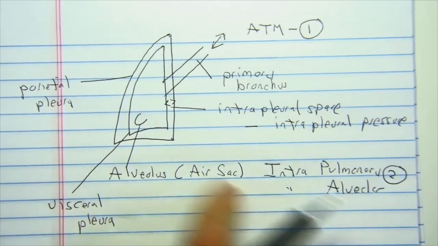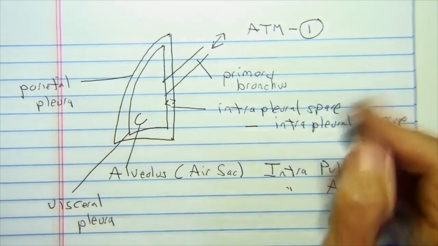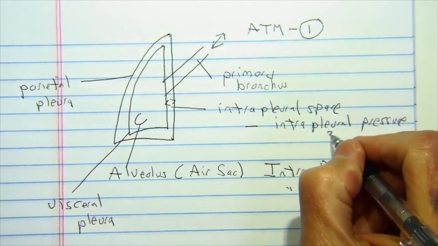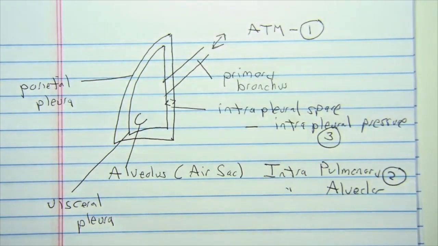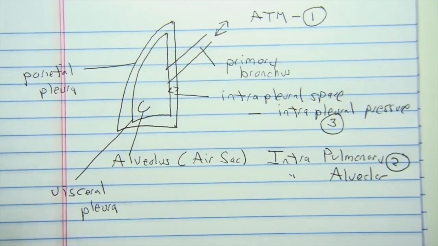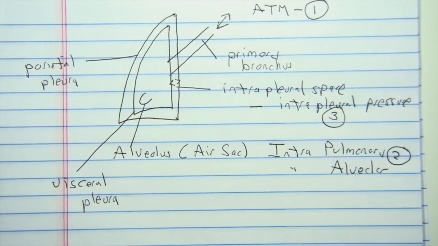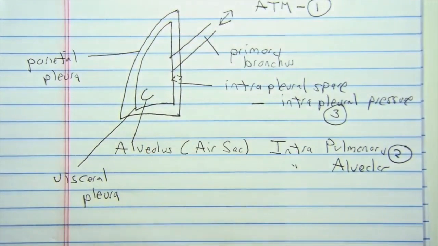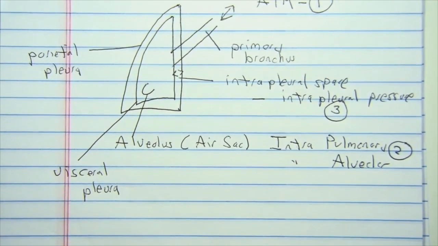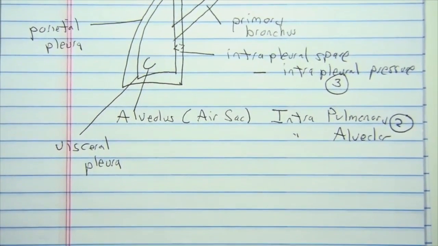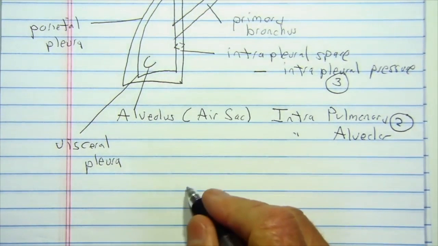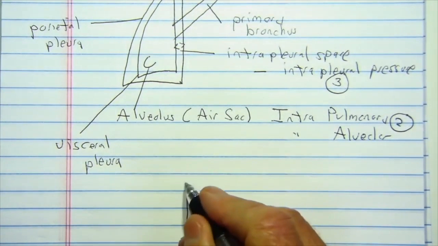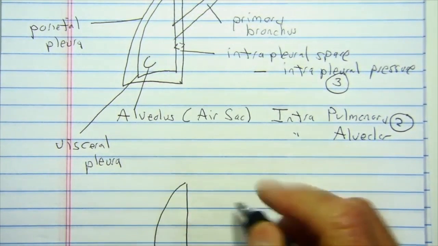And then the pressure between the pleura is going to be pressure number 3, or intrapleural. So understanding that, let's just think of the analogy of a lung compared to a room. And so kind of think of the room that you're in right now.